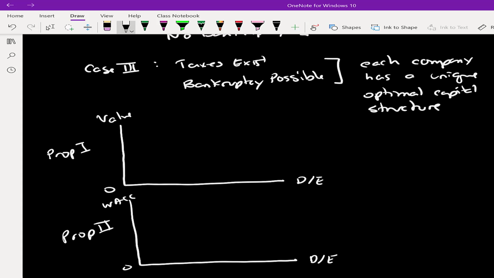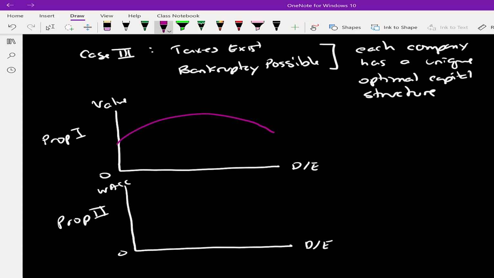Proposition 1 is you want to maximize the value. This is the chart that comes out of case 3. And this is the chart for cost of capital. If I draw it right, the same debt to equity ratio is going to be optimal for both. At this debt to equity ratio, you will maximize the value and minimize the cost of capital for a firm. And that's essentially what you want to do.